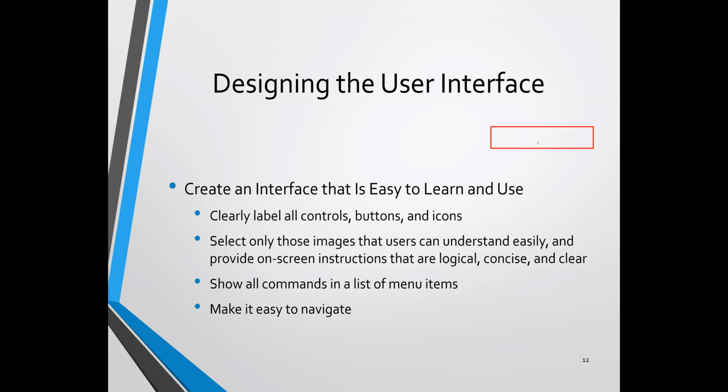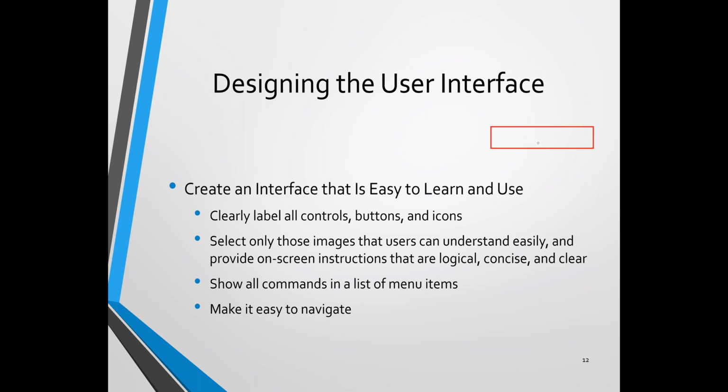This is not a good selection of images. Try to use images that are clearly understandable, and buttons that other software uses as well, so that it will be easy for your users to know what the button is for.